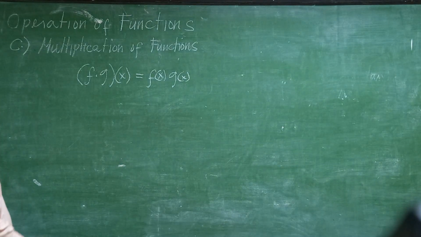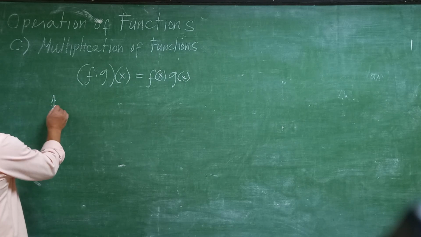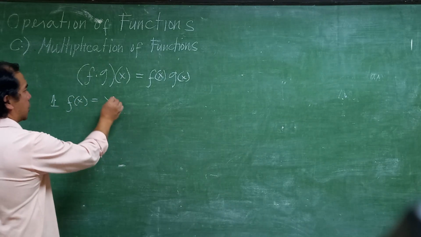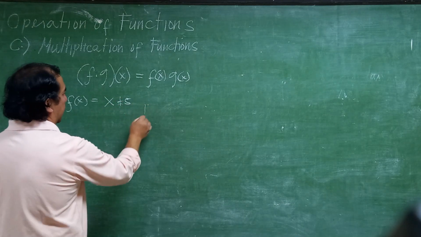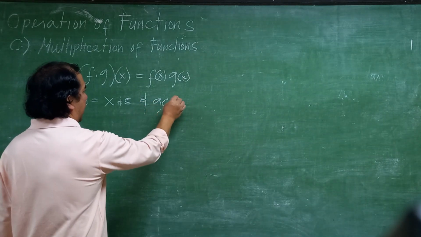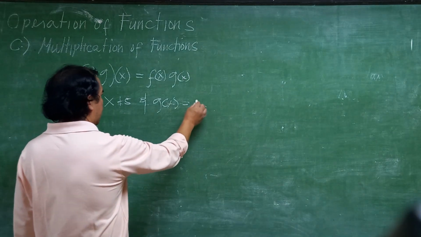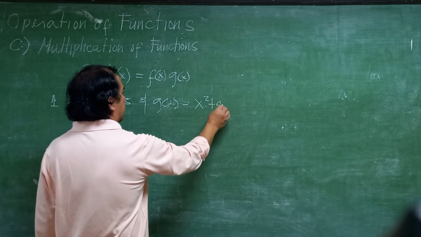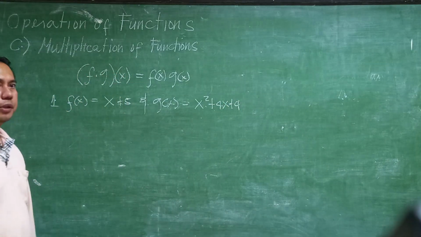Say for example, if we have a function number 1, f function is defined by x plus 5, and another function, g function, being defined by x raised to 2 plus 4x plus 4. Now, how do we get the product?